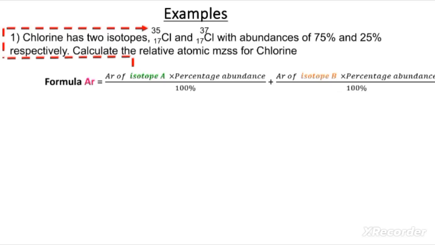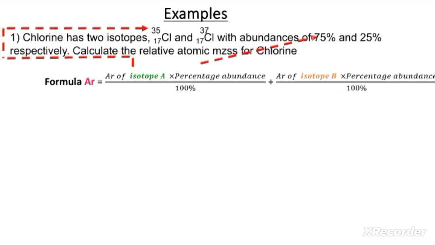So we have seen that the atomic mass of isotope A is 35. Let us also identify the percentage abundance of A. So the percentage abundance of A is 75%.